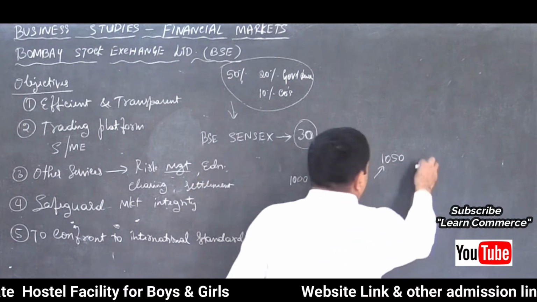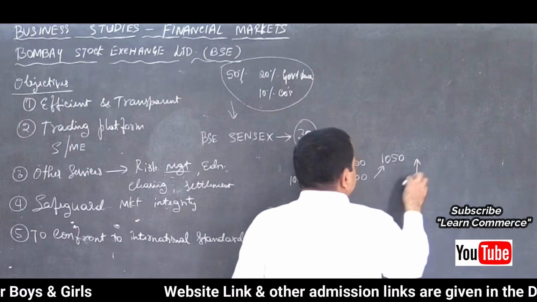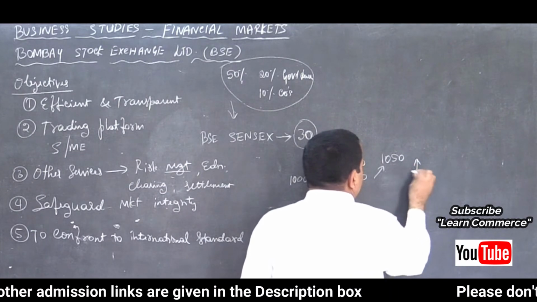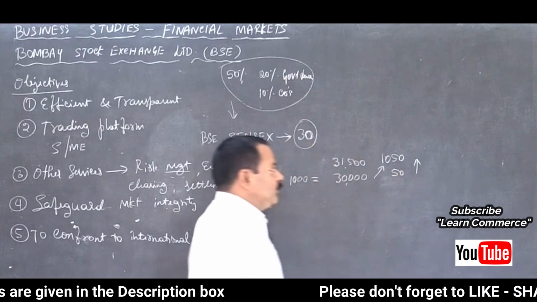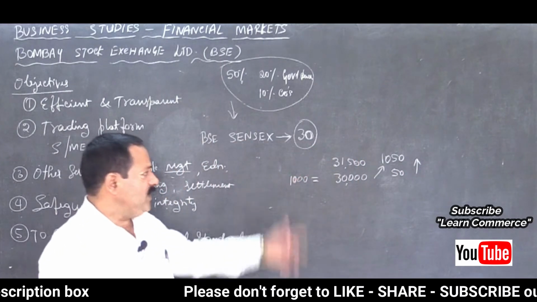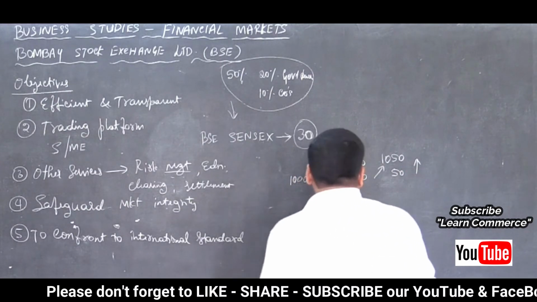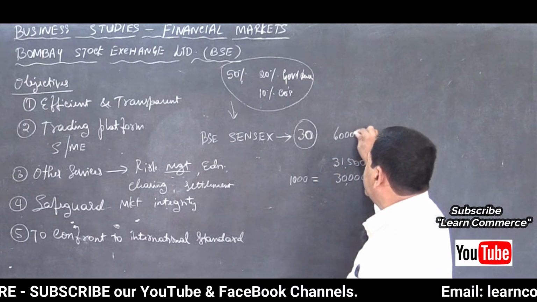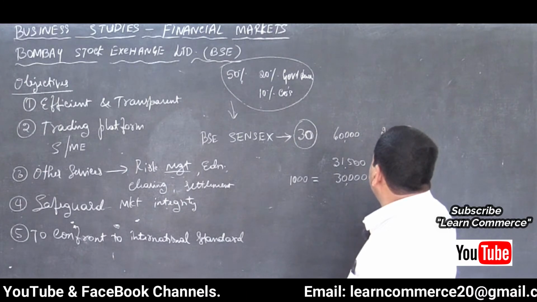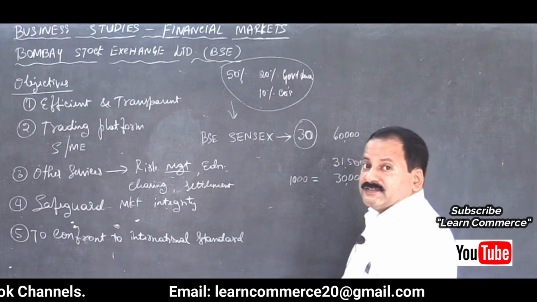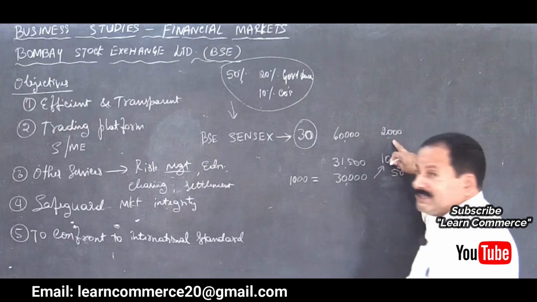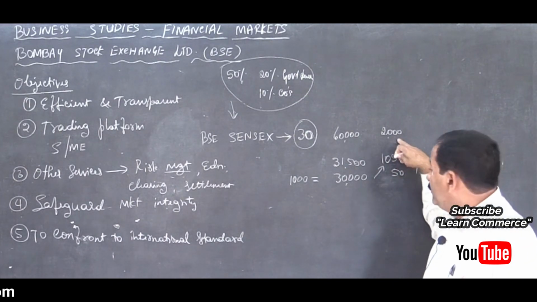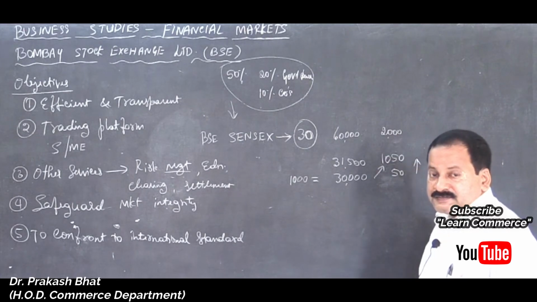They will give the upward arrow mark, and there is an increase of 50, and Sensex will be shown as 1050. In the same way, after maybe 2 or 3 years, the total of those 30 companies has reached 60,000. Now divided by 30, the average price is 2,000. This is the increase. This is the quote. They will say an increase of 1000.